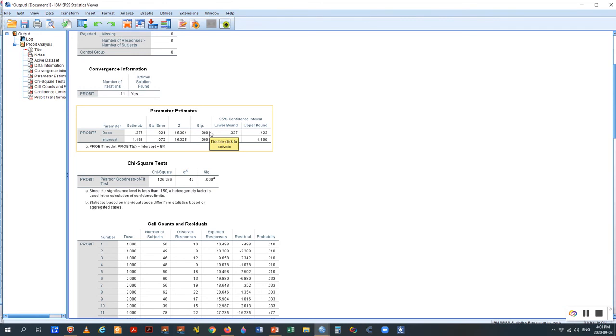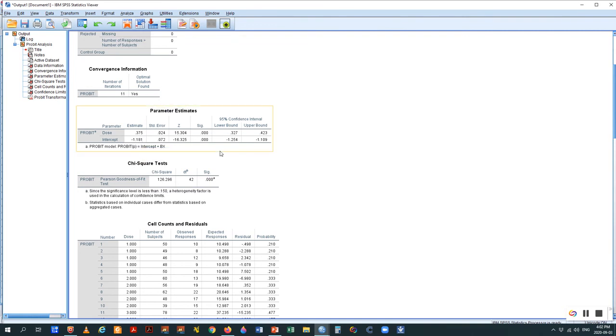Now we can use these parameter estimates to construct the Probit regression equation, which we're going to look at in a moment. The intercept here, minus 1.181, is the equivalent of the constant, and the estimate of the dose is the equivalent of the B coefficient in linear regression.